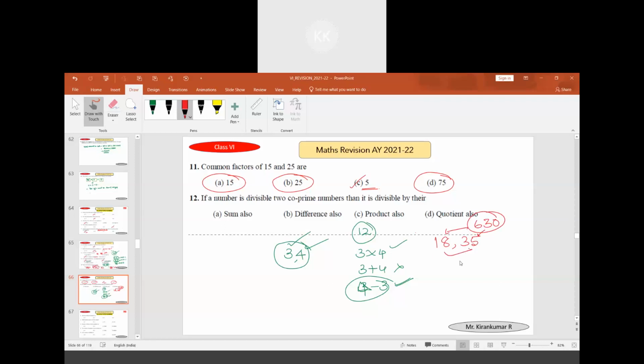What is the difference of 18 and 35? It is 17. Is 630 divisible by 17? No, it is not. So the right answer is product also.